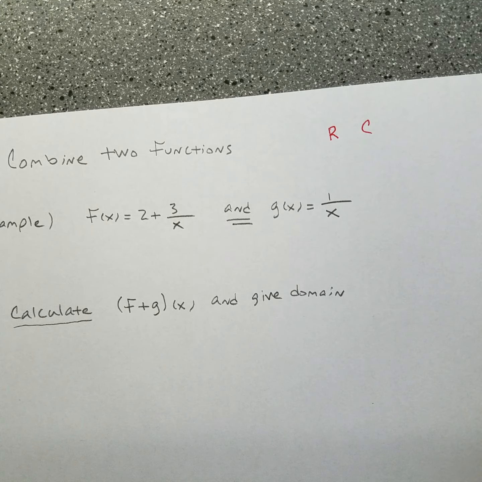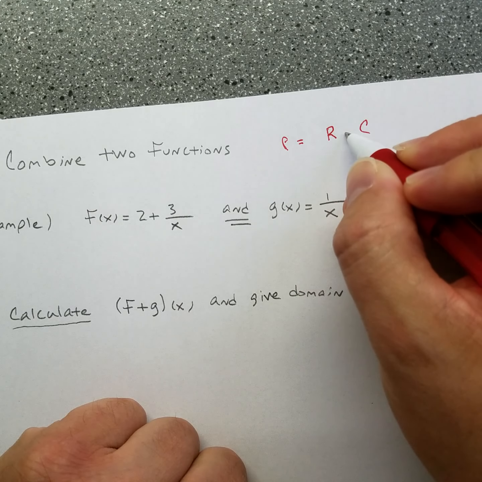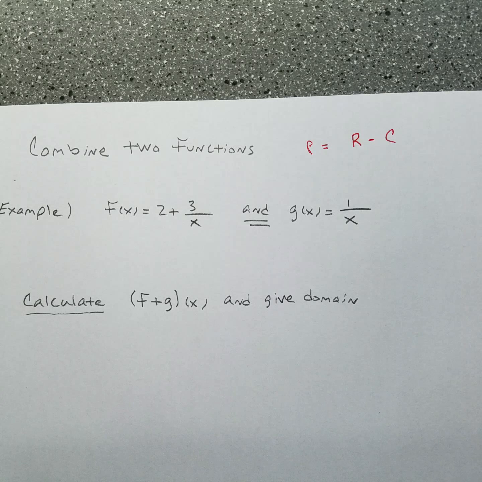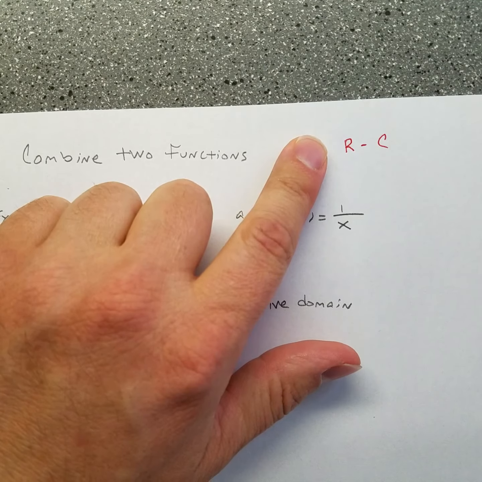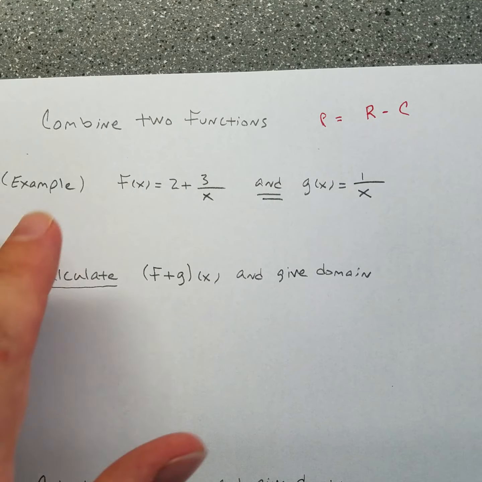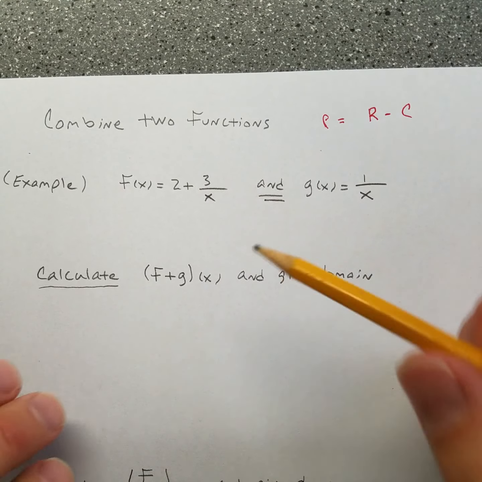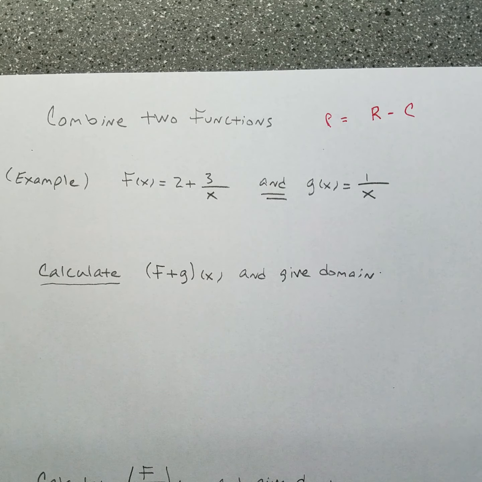And what's your profit? What do you get to keep? Well, the profit function would be the revenue function take away the cost function. It's just by definition, that's what profit is, revenue minus cost. So if you had those two functions, you would subtract them and you could get the profit. So yes, we sometimes combine functions. All right, it happens.